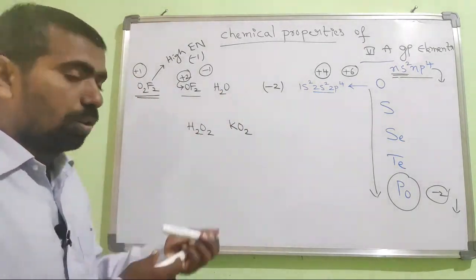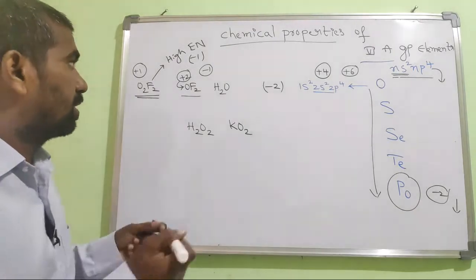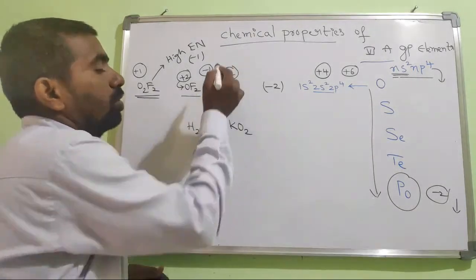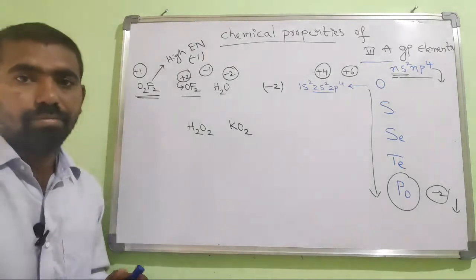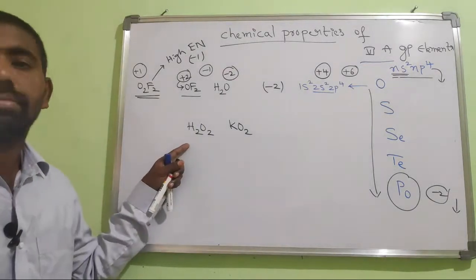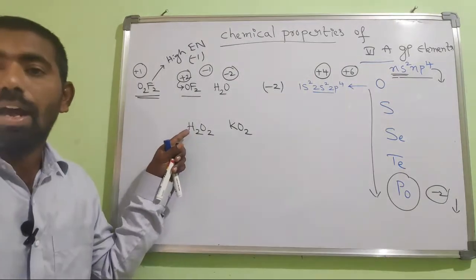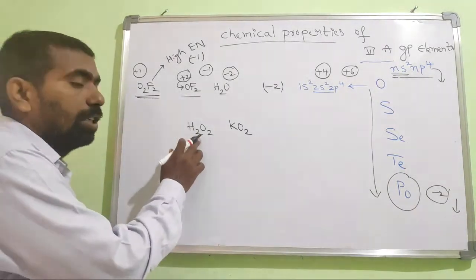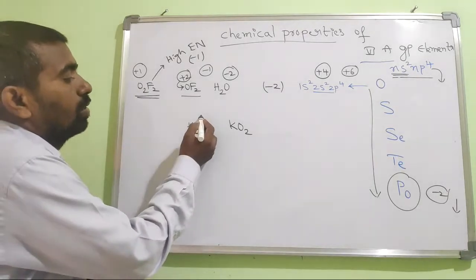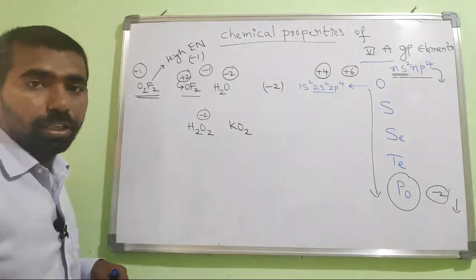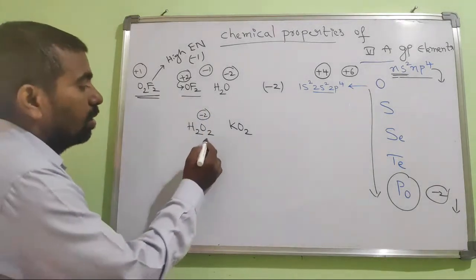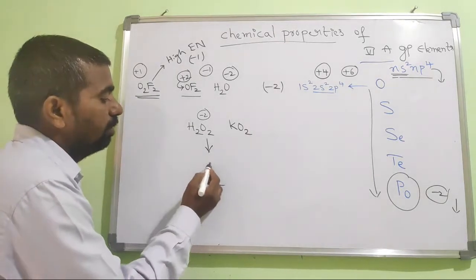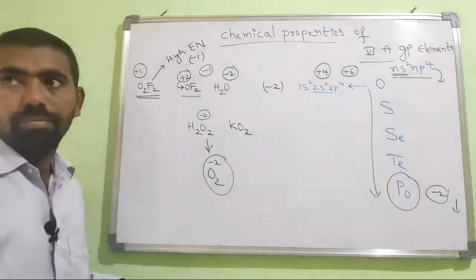So in this molecule, oxygen exhibits the -2 oxidation state. In H2O2, hydrogen belongs to the first group, so +1 into 2 is +2. So O2 must exhibit -2.